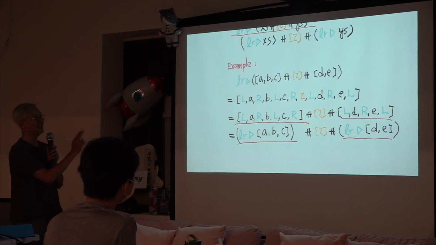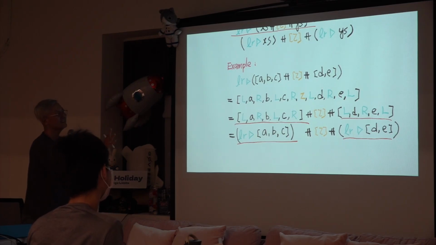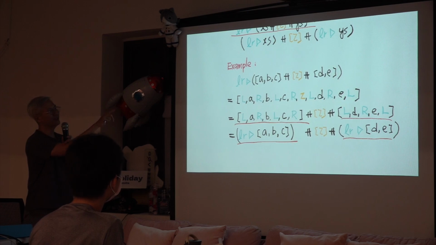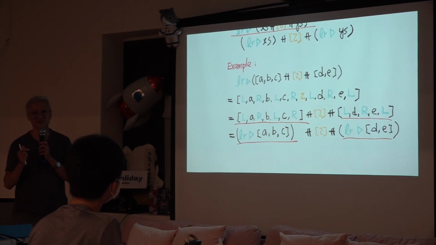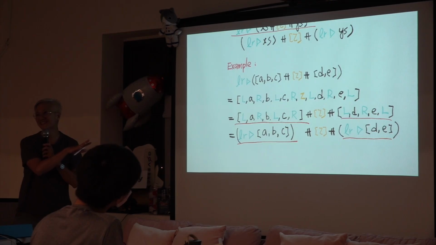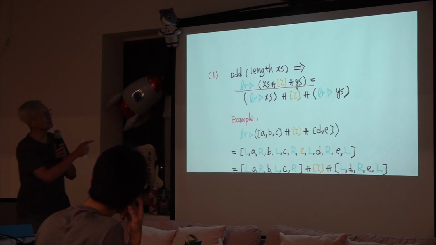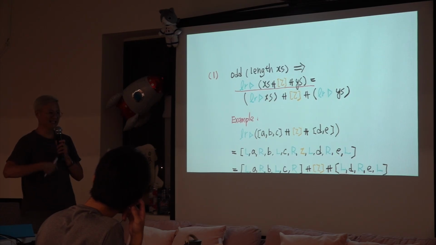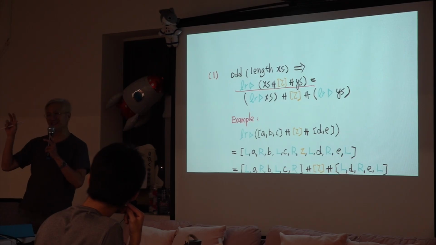So in this case, I'm allowed to distribute LR interleave next to the two black lists. Do you believe that? Of course, this is not a proof, just an example. This property needs proving, but it's just a matter of a single induction.